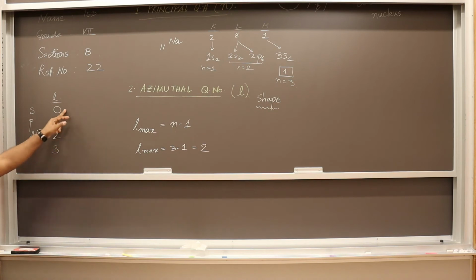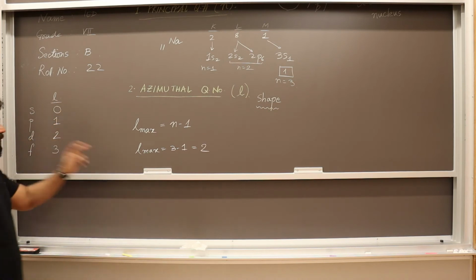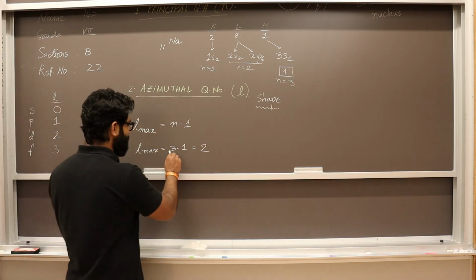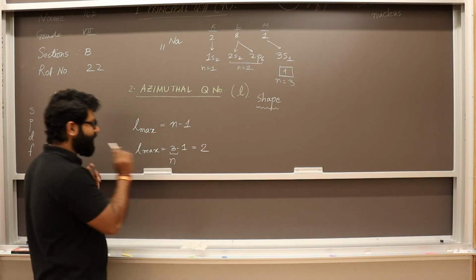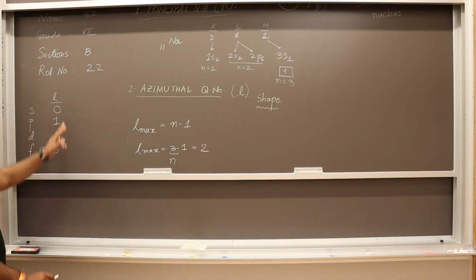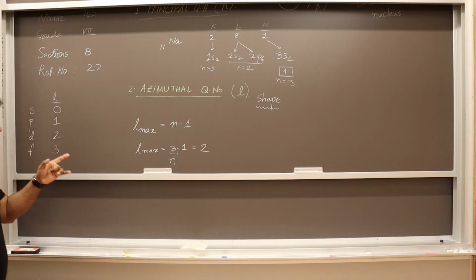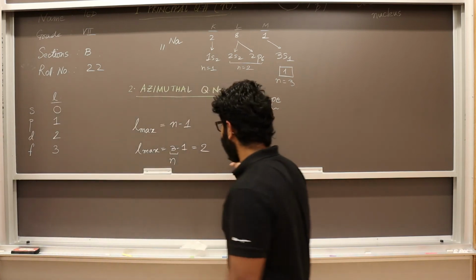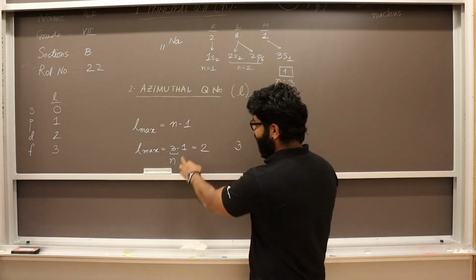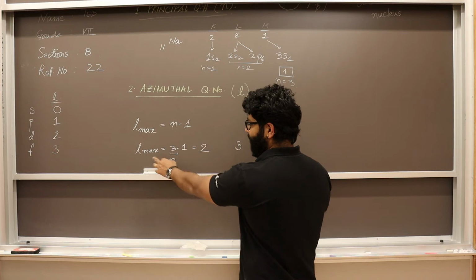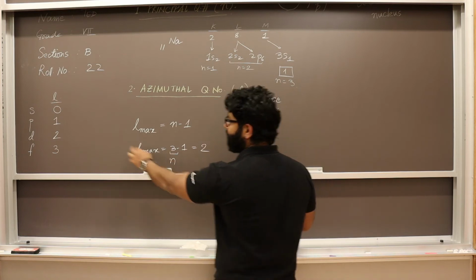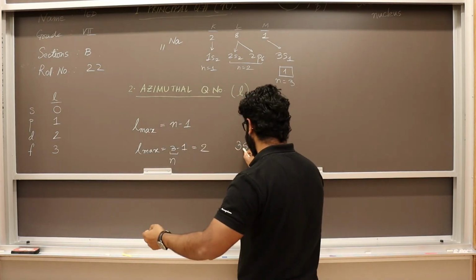What are the different L's? 0, 1, 2, 3. For principal quantum number 3, you can only have an azimuthal quantum number of 0, 1, or 2. Okay? So if you have 3, L max can go to 2. What is the L least? 0. So you can have a 3s.